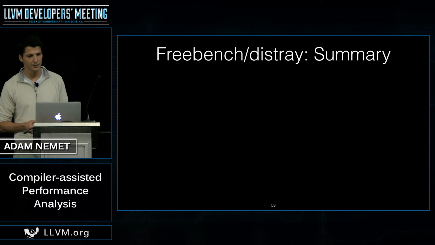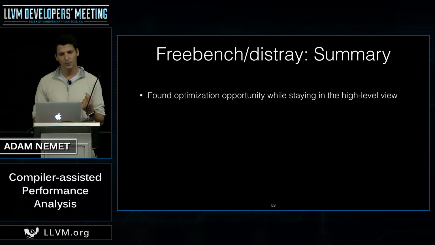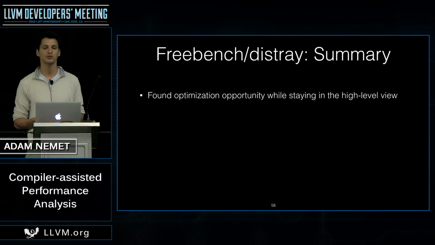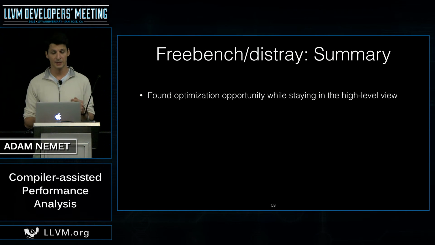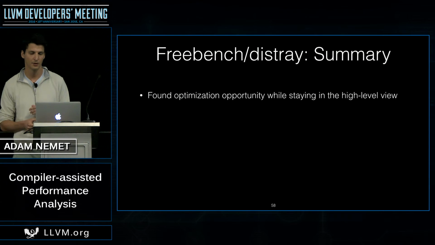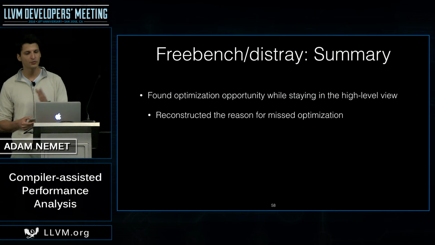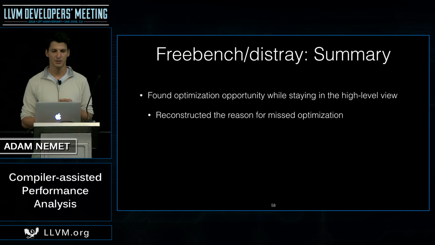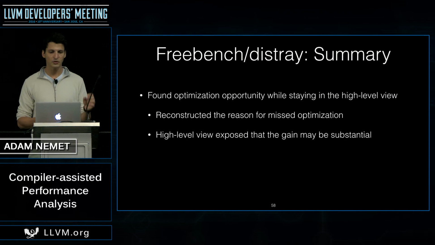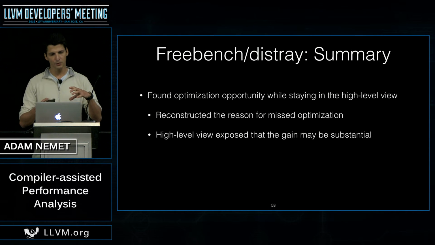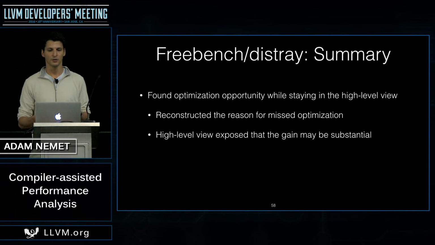So to summarize what we saw here, just like before, in this case, what we were able to do is find an optimization opportunity while staying in the high-level view of our tool. Again, we were able to reconstruct the reason for the missed optimization. Also, very importantly, because we were in the high-level view, we were able to notice those floating point arithmetic operations.